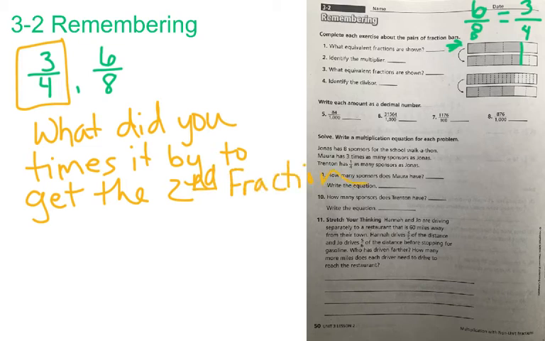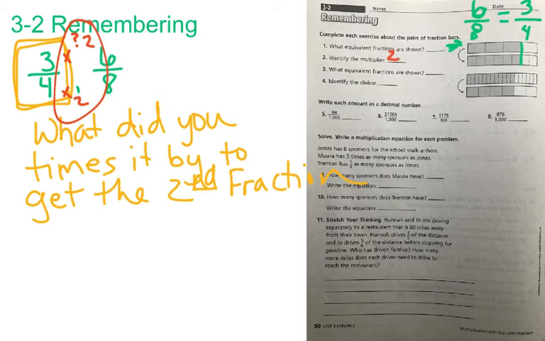And so what I'm doing is I'm saying, okay, I have 3/4 here. What do I have to multiply that by to get 6/8? Well, 3 times what is going to give me 6? 3 times 2 is going to give me 6. And remember, whatever we do at the top should be the same to the bottom. And 4 times 2 is 8, and so that's correct. So our multiplier here is 2. The multiplier is 2.